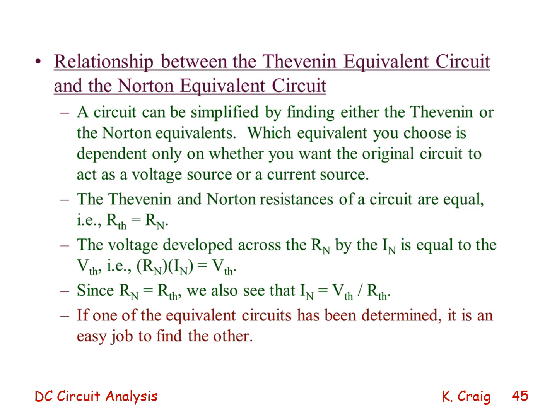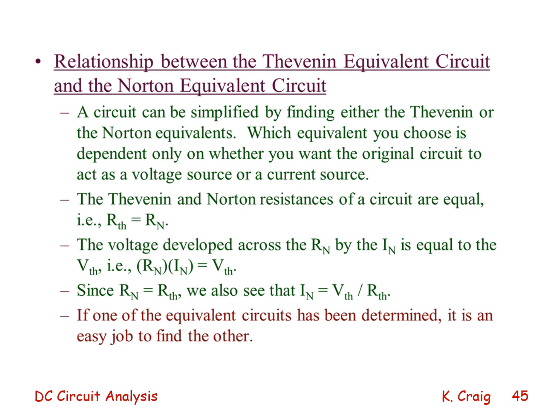What is the relationship between the Thevenin equivalent circuit and the Norton equivalent circuit? A circuit can be simplified by finding either the Thevenin or the Norton equivalents. Which equivalent you choose is dependent only on whether you want the original circuit to act as a voltage source or a current source.